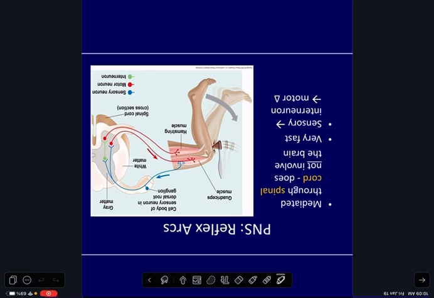There are actually a whole host of receptors inside your body, your muscles and your joints, that give you sensory information. A lot of people call it a sixth sense. It's called proprioception.